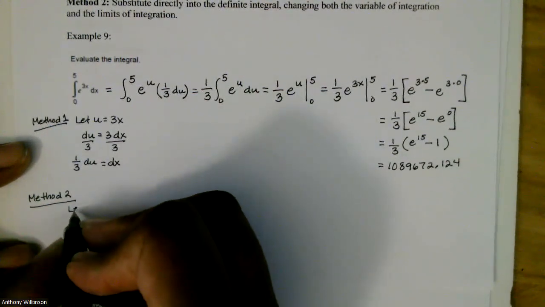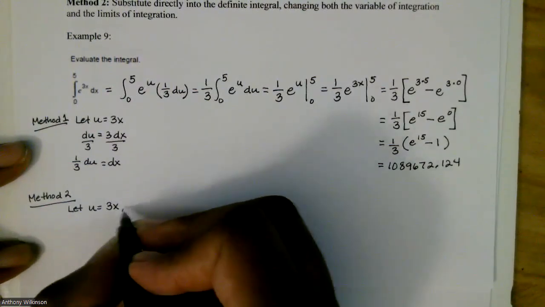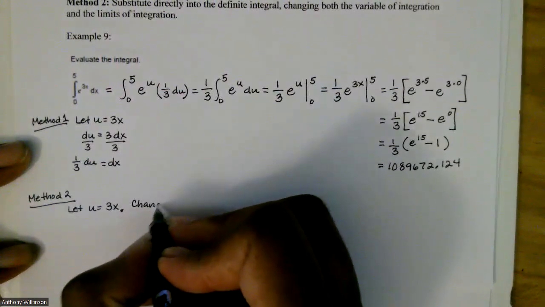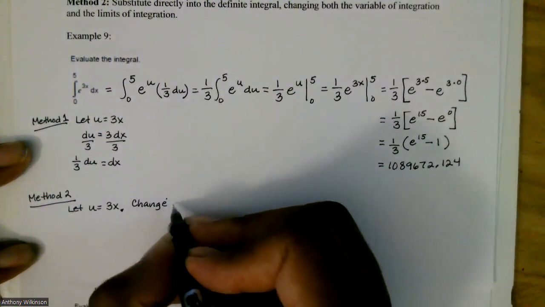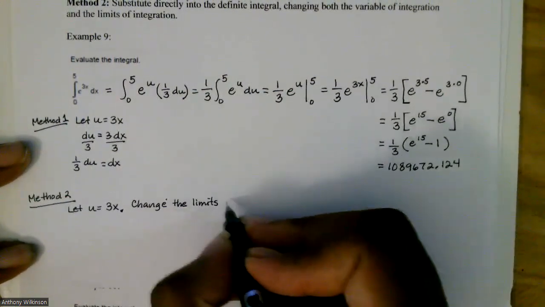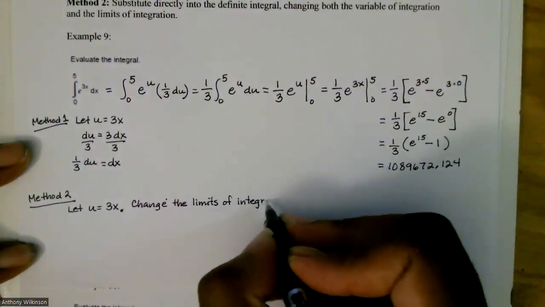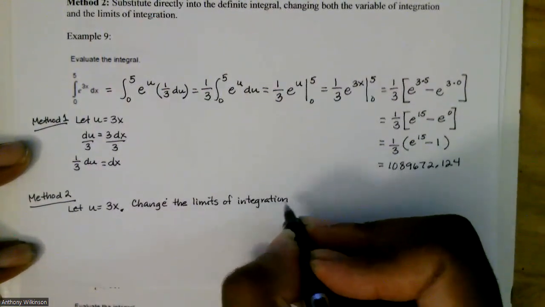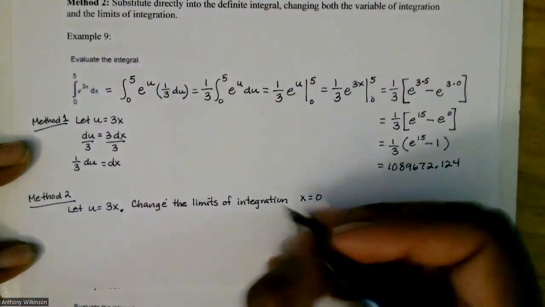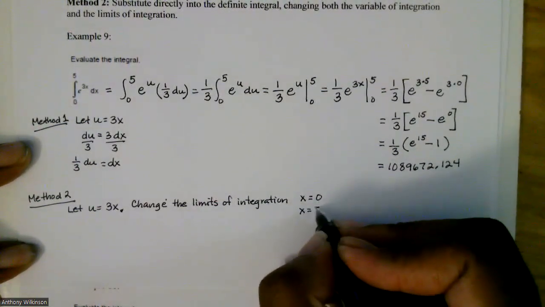Since we let u equal 3x, let's go ahead and change the limits of integration. Because we got x equals 0, that's our lower limit, and x equals 5, that's our upper limit.